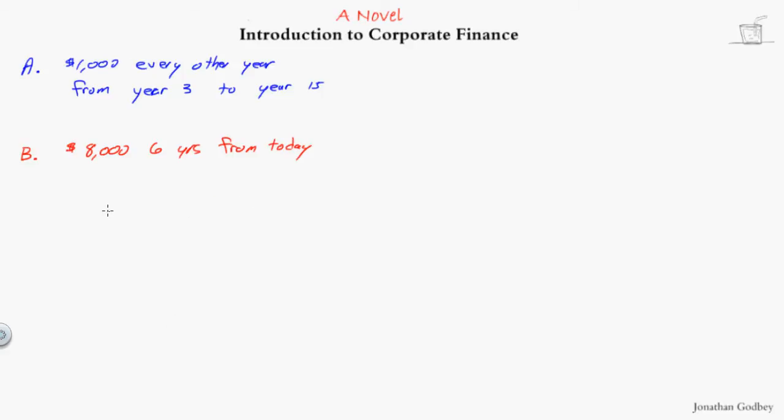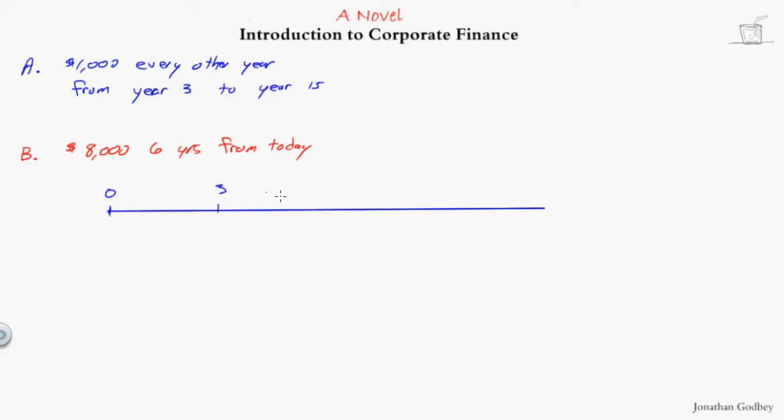Well, in order to do that, you're going to have to draw some type of timeline. And remember, you need size, timing, and risk of the cash flows. So let's draw out the size and timing of the cash flows. We'll do these in blue first. It's going to be every other year from year 3 to year 15.